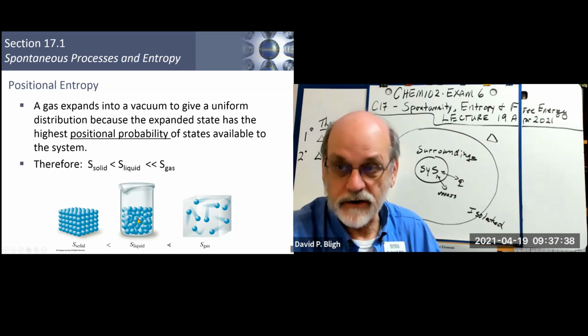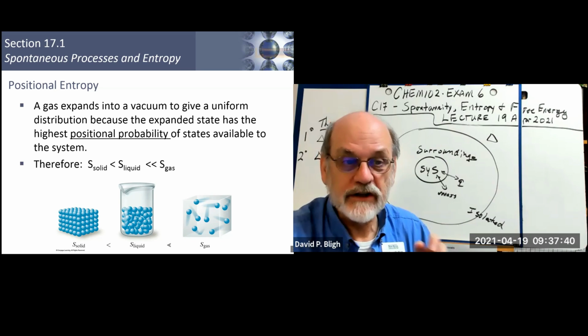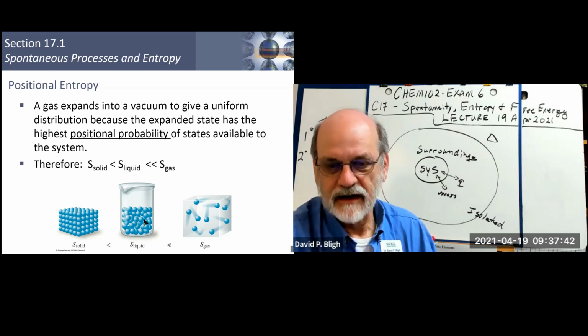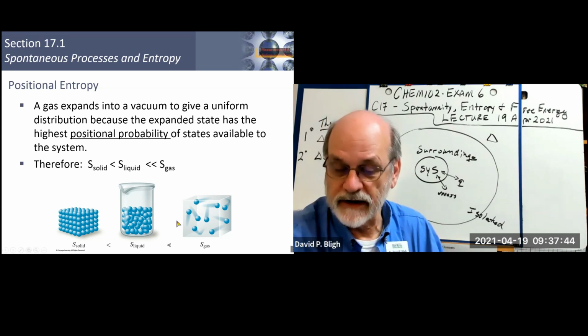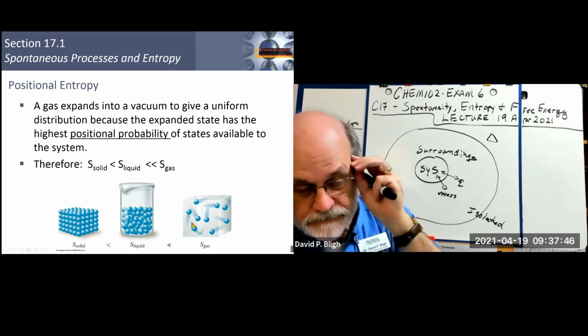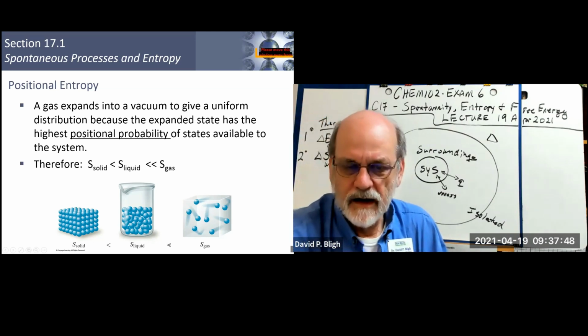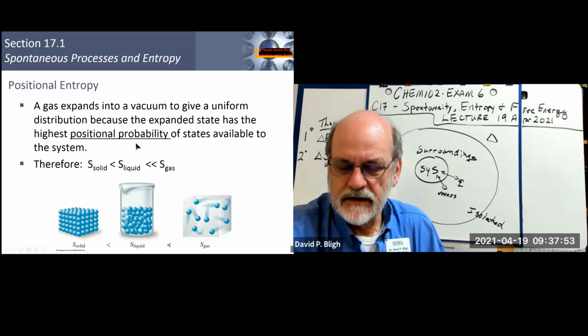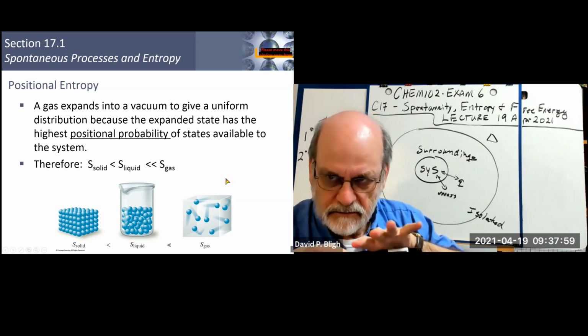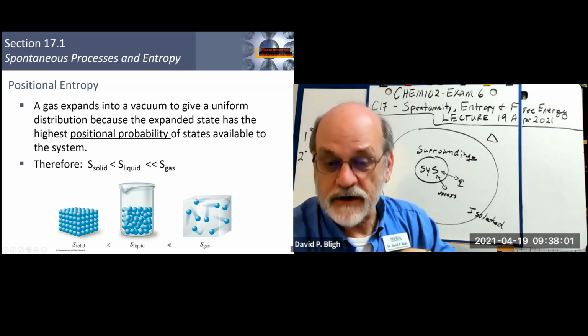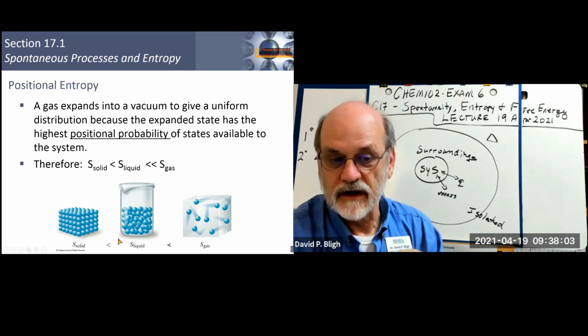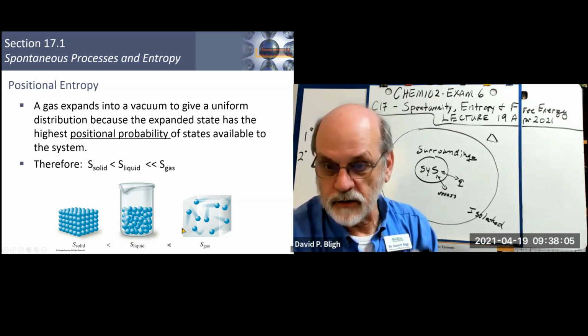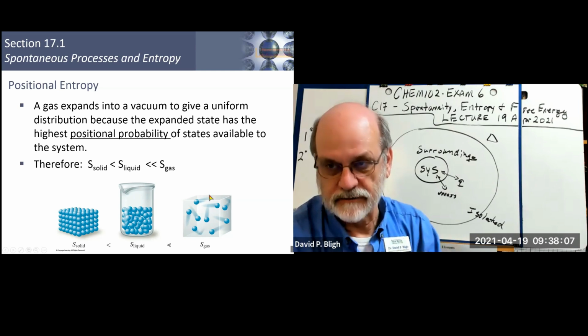So energy is involved here, even though we're only talking about position. And similarly, to go from liquid to gas, you have to add a lot of energy. Okay, so I hope that positional probability of these states favors gas, right? So if we're only talking about entropy and position, we would expect the spontaneous movement to be from solid to liquid to gas for position.